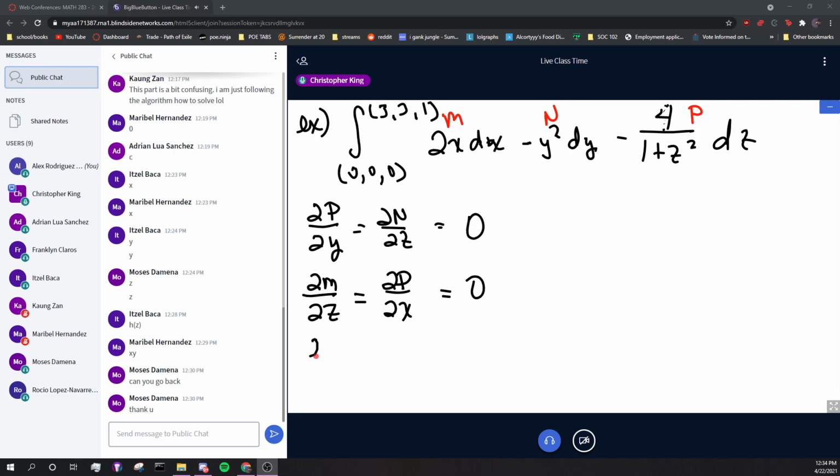And then the final thing, we're going to look at the partial of n in respect to x and show that it's equal to the partial of m in respect to y. So if I look at n and take the partial of that in respect to, hold on, make sure I didn't goof up something.